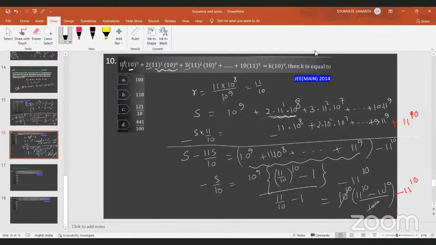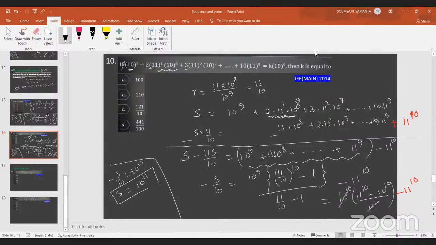So this is becoming 10 power 10. So what is S? We got S minus S by 10 as 10 power 10. So S is nothing but 10 power 11.